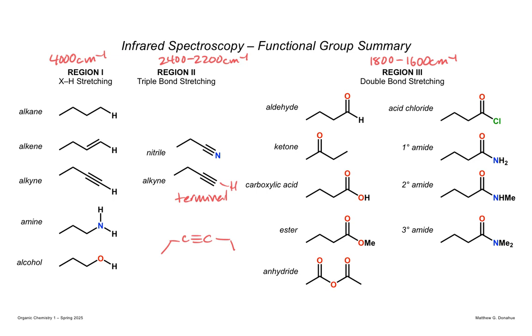If the triple bond is internal, you do not really see a signal because, as I said, what the instrument is doing, it's looking at the difference in electronegativity between the two elements of the bond.